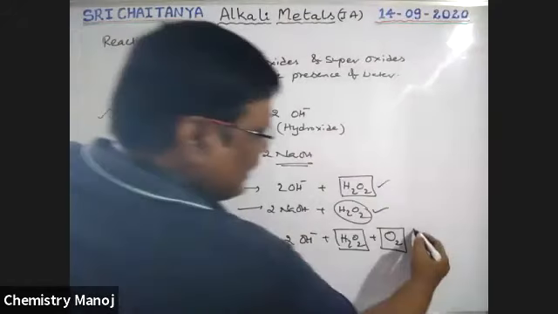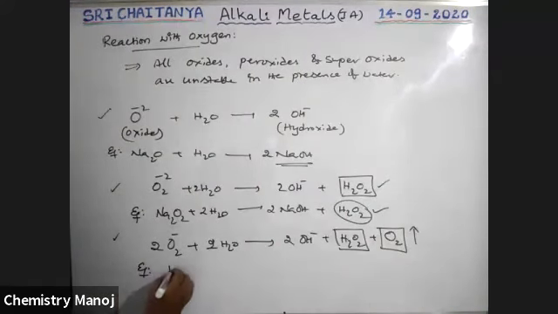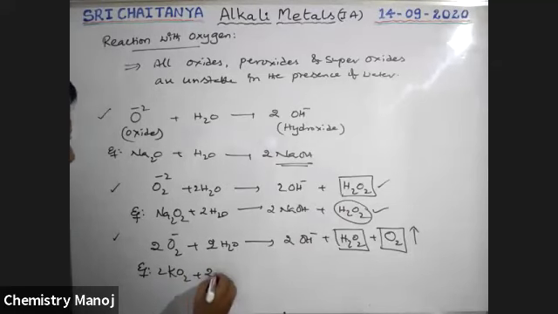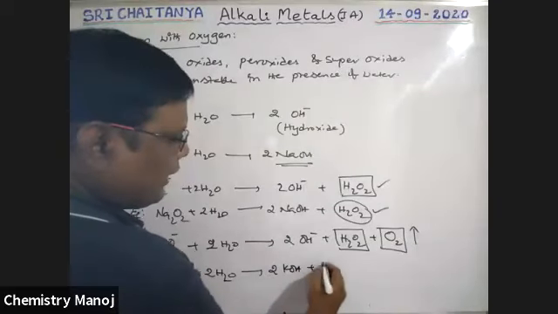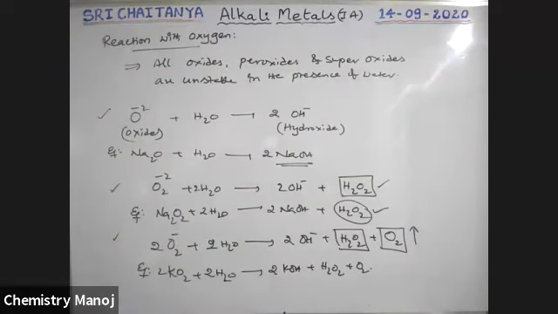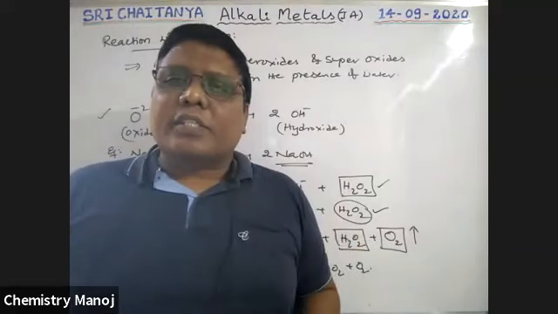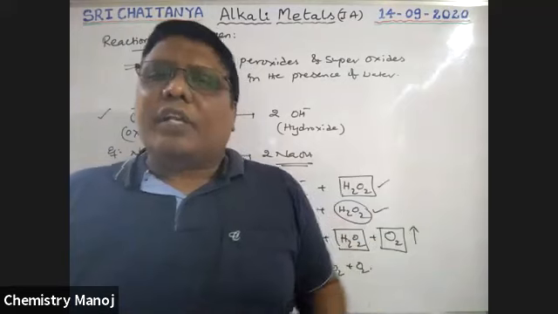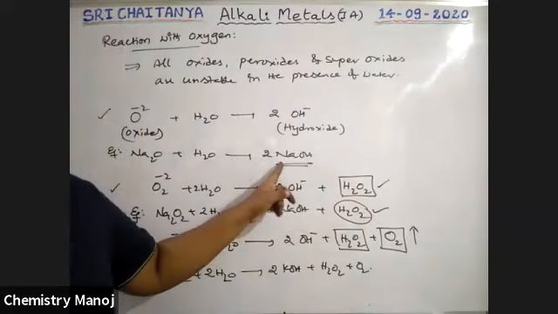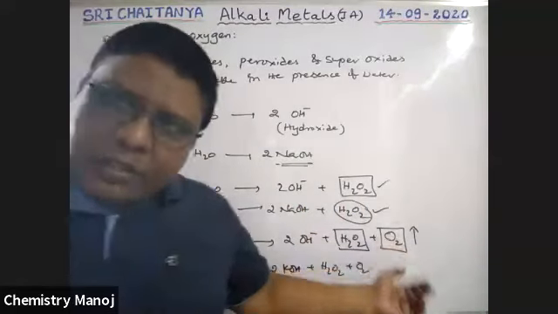This oxygen gas escapes out. For example, potassium superoxide, KO2, reacts with 2H2O to give 2 KOH plus H2O2 plus O2. So this is the reaction of oxides, peroxides, and superoxides with water, and it is very, very important. Here there is only hydroxide. Here hydroxide plus hydrogen peroxide. Here hydroxide plus hydrogen peroxide plus oxygen.